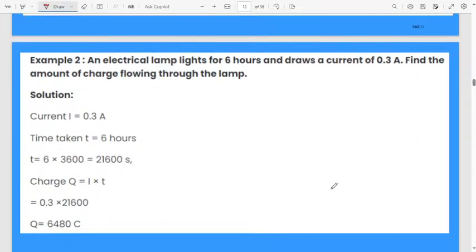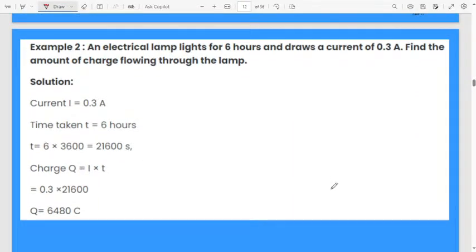Let us move to the next set of problems. This is also easy, I will move fast. An electric lamp lights for 6 hours and draws a current of 0.3 ampere. Current is 0.3 ampere, time is 6 hours. Convert into seconds: 6 into 3600 seconds is 21600 seconds.